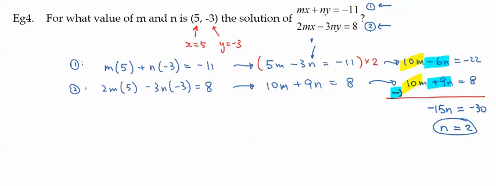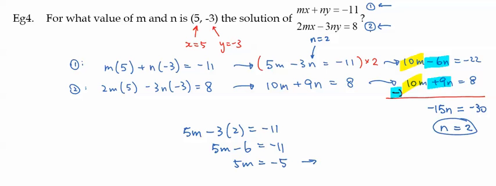Equation number 1 with n equals 2: 5m minus 3n equals negative 11. Now with 5m equals negative 5, we have m equals negative 1. So these are the solutions for m and n.